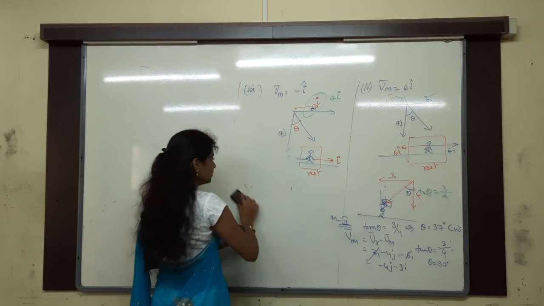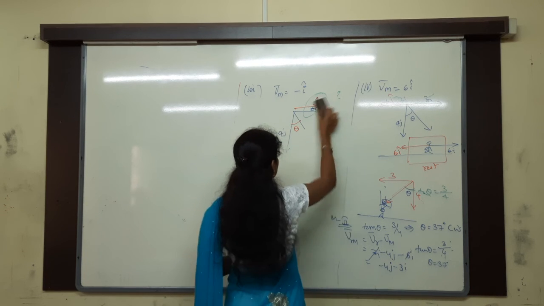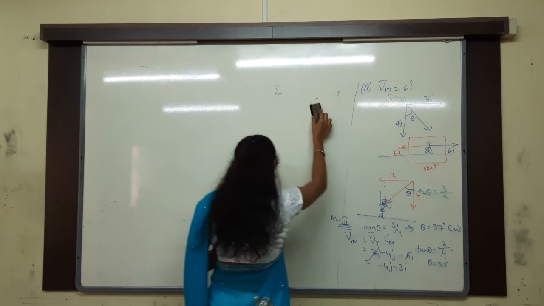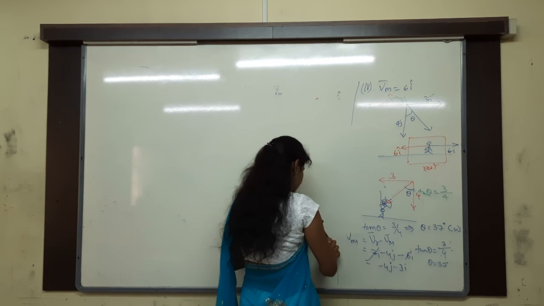Appears means nothing but the relative velocity of the rain with respect to the man. Vertically, full stop.